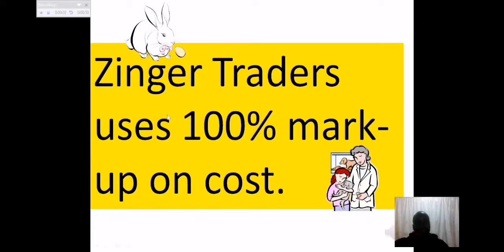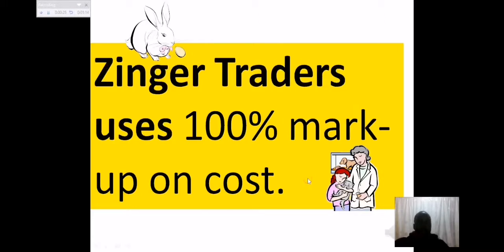So our business is Zinger Traders, and they use a markup of 100% on cost. By now you know that having a markup of 100% is the same as doubling the price. So they buy, let's say, at 5 rands and they sell at 10 rands. That's the effect of 100% markup.